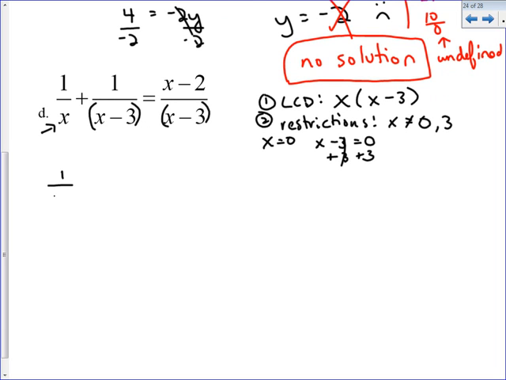So I'm going to take each term and I'm going to multiply it by the LCD. That's a difference. This is something that's different than adding and subtracting, where we use a form of 1. Here we use our LCD. I'm going to put all of those binomials into parentheses.